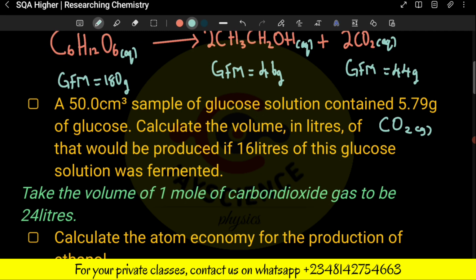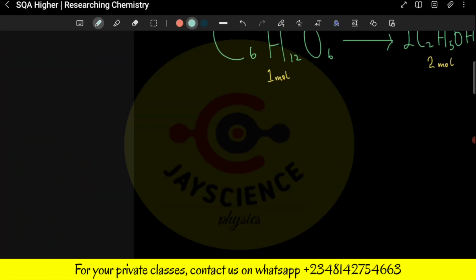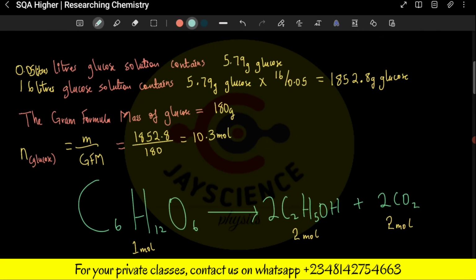What do we know? Well, from the question, 50 centimeters cubed, by the time you convert that to liters, would be 0.05 liters of glucose, which contains the mass given in the question, 5.79 grams. So if that's what we have for 50 centimeters cubed, which is 0.05 liters, then we compare that.